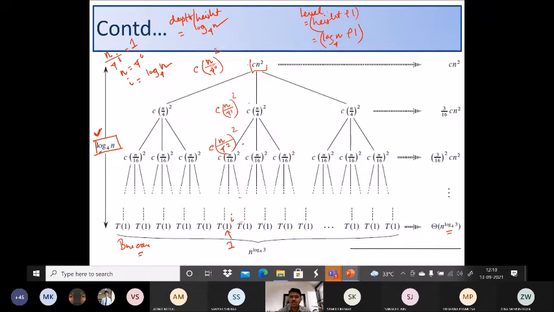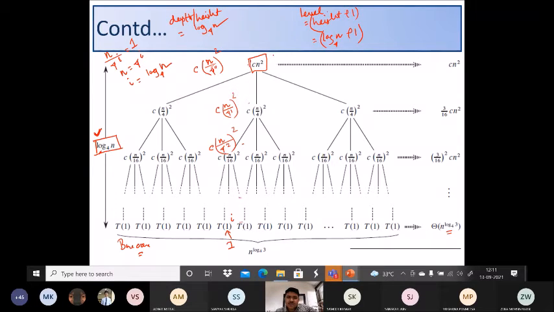Only one node is present here. Do you want to ask any question? No. Okay, so let's go with this.